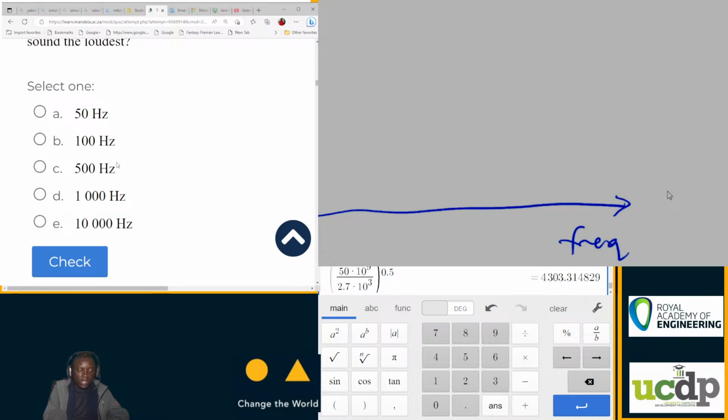So with the sound level being the same, it's something like a picture like this.